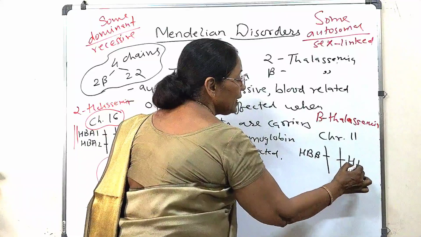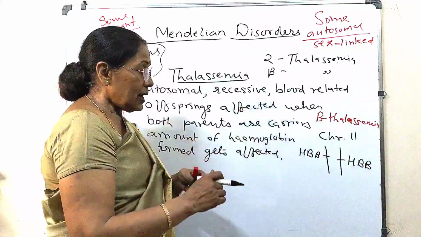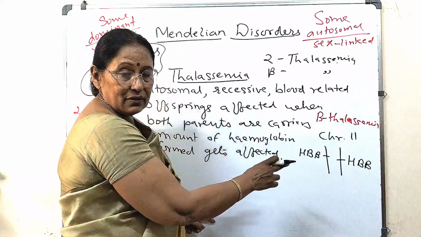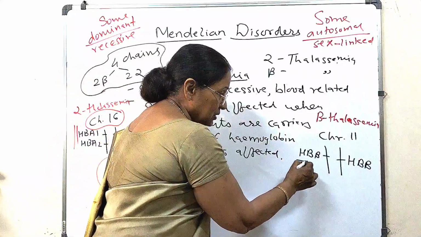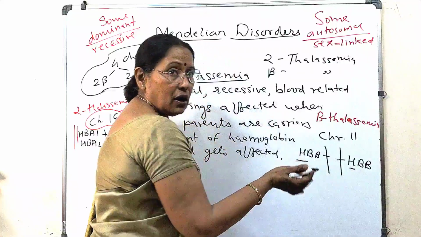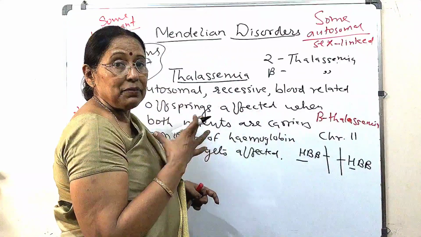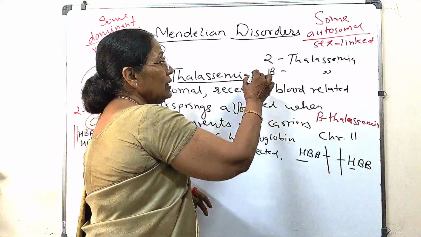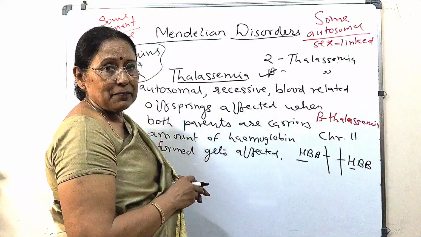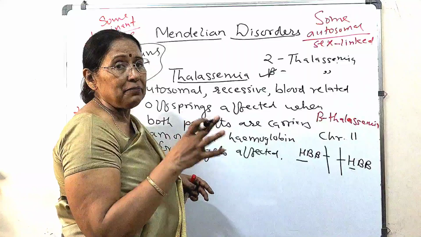This is also HBB. Now, due to mutation of the gene, when mutation occurs here or both, accordingly the beta chains will not be formed. So this is called beta thalassemia. This is the difference between alpha and beta thalassemia.